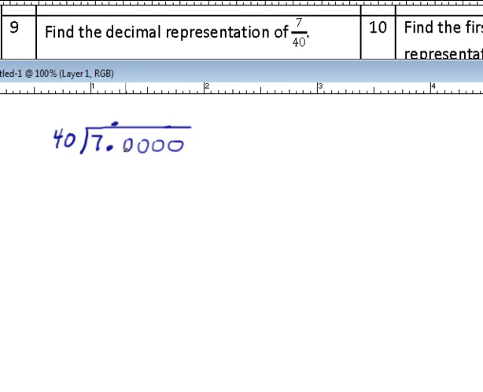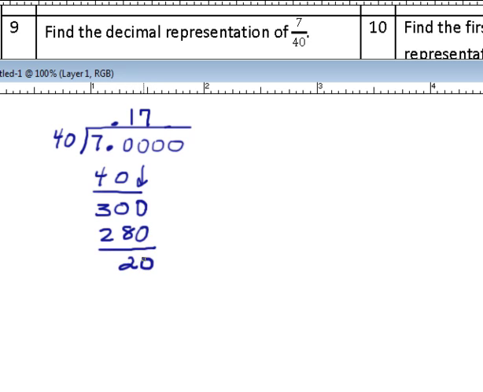40 into 70 is 1 time. Okay, subtract, and we have 30. Bring down a 0. 40 goes into 300 7 times. Okay, 7 times 40 is 280.